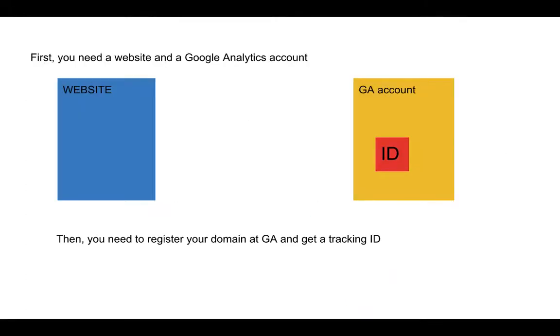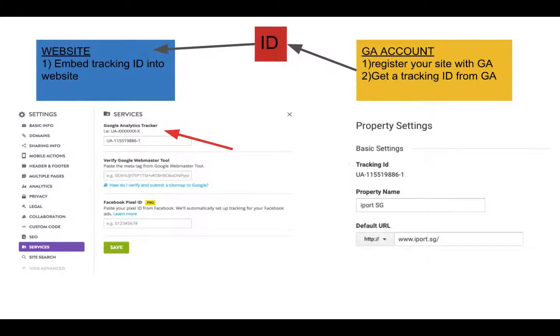So to use Google Analytics, you need a website and you need a Google Analytics account. You register your domain at Google Analytics, and Google Analytics gives you a tracking ID, represented here with this red box. From there, you somehow embed the tracking ID into your website.